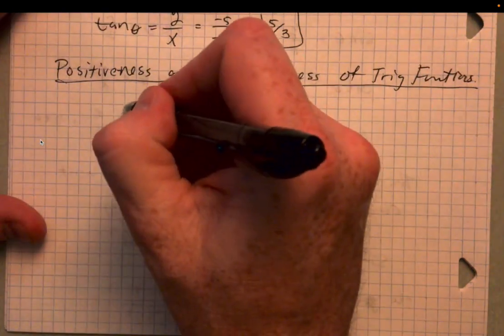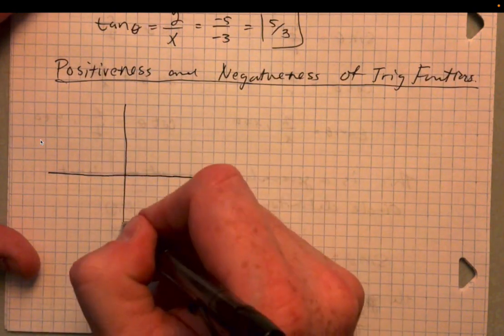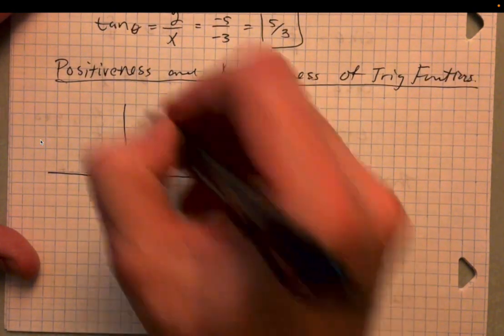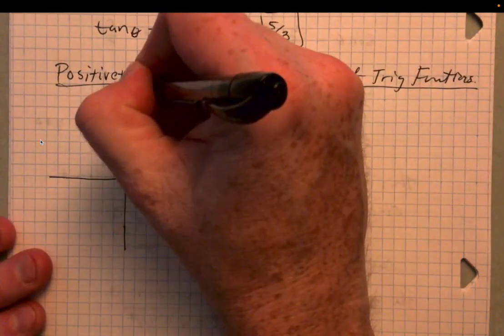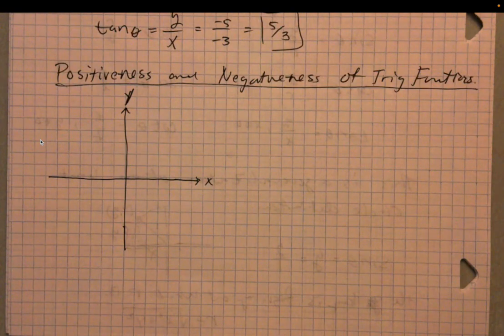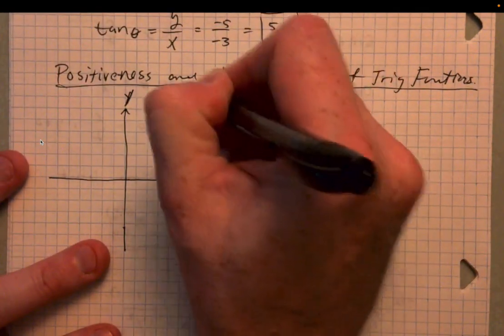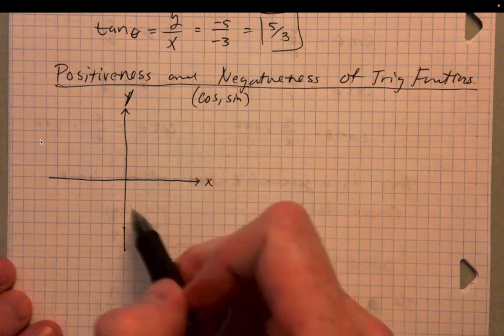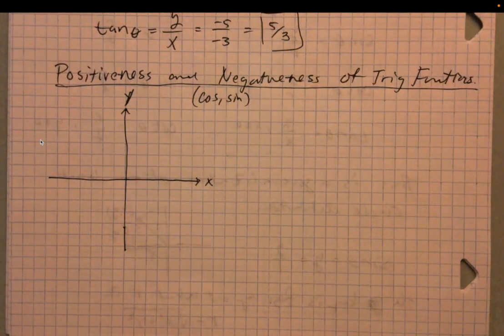Let's think about this with an example. If I've got my xy plane here, let's think about cosine and sine as an ordered pair. We know cosine represents the x distance, and sine can represent the y distance.